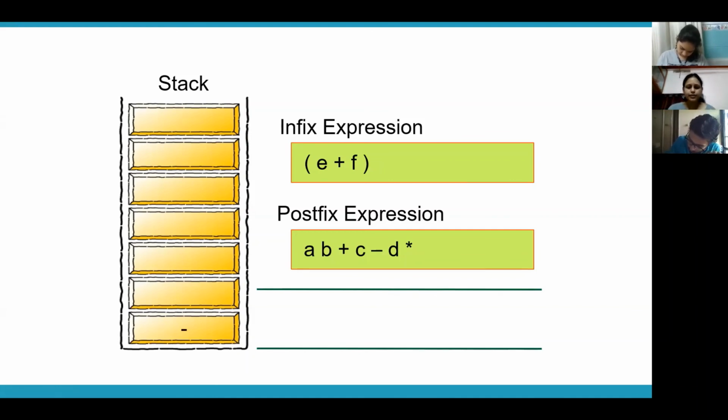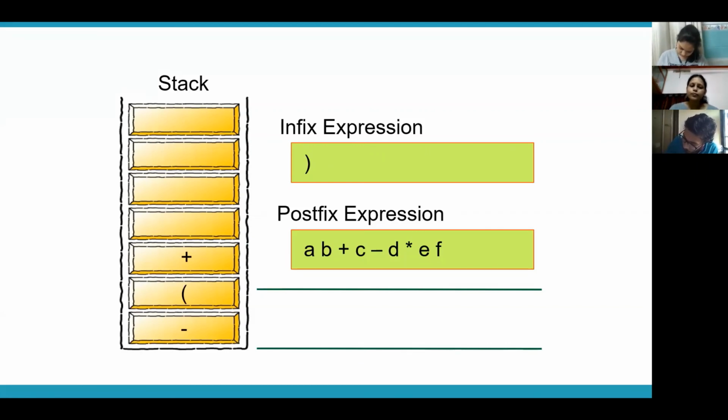Okay. Next again, we have our left parenthesis coming back. So left parenthesis will go inside the stack. Next E will go to the postfix expression. Next we have plus. Plus and left parenthesis will not have a clash. So plus will go inside the stack. Now F will come into the postfix expression. Now we have again our closing parenthesis coming back.